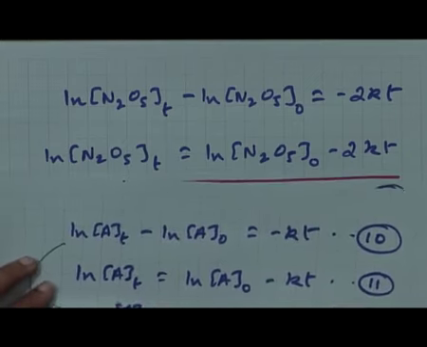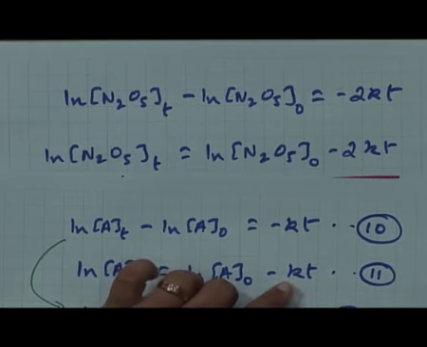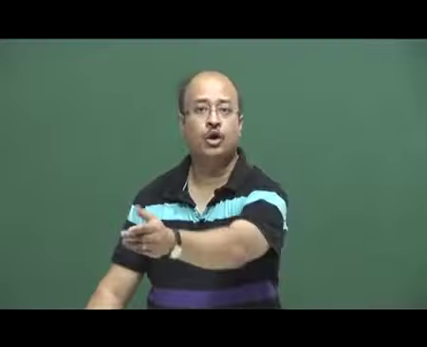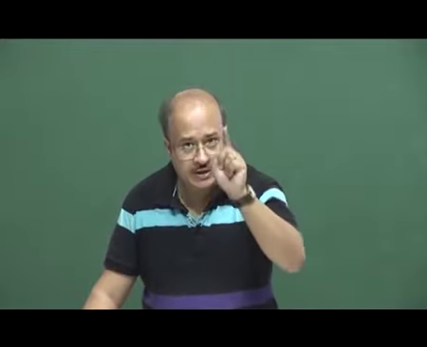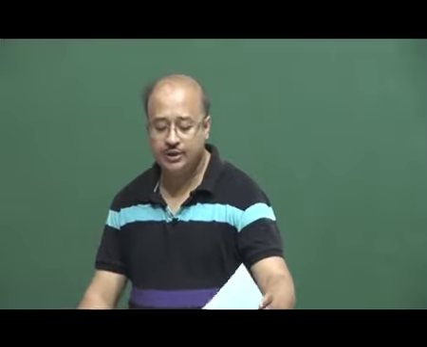The difference you see is that here I have a 2 K, there I have a K. As such everything remains the same, the only difference being the stoichiometry for N2O5. When I derived it before I said A going to P, here it is 2A going to products, so that stoichiometry has to be taken into consideration.